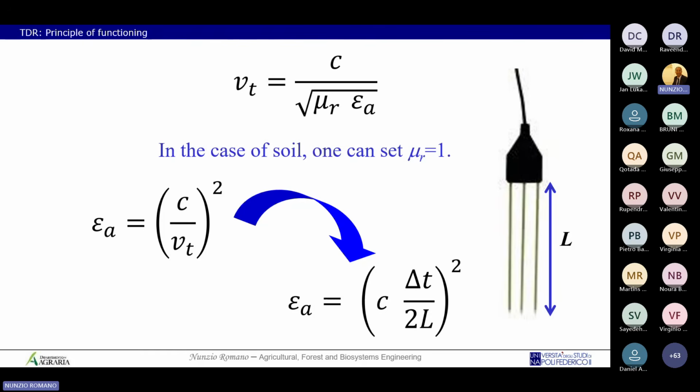So the wave moves 2 times, from top to bottom and from the bottom to the top. This is why in this formula you see the constant 2L. I hope this is clear.